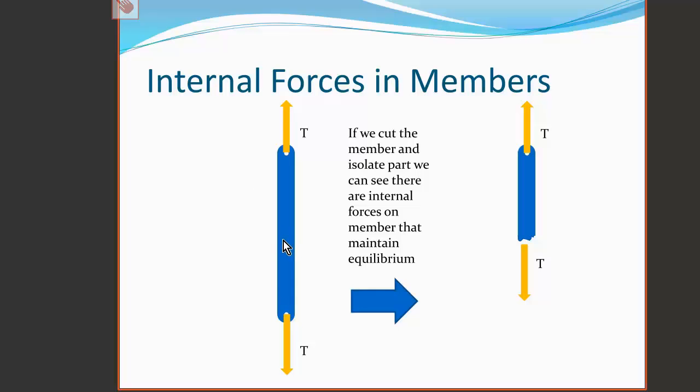Imagine if we were to make a cut here. What forces need to be applied at the bottom of the cut in order to keep it in equilibrium? We realize that the upper part of the tie must be experiencing an internal force that balances the force applied to the other end in order to keep it in static equilibrium in the original configuration.